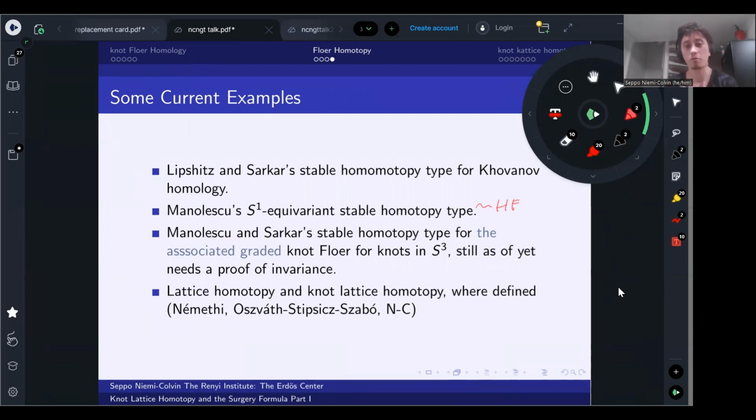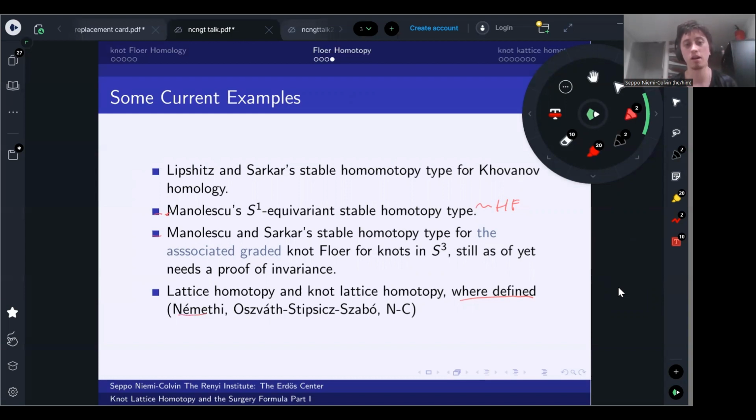And finally, what I'm going to be talking more about for the rest of this talk, there's lattice homotopy. Where defined, it requires a certain construction for your three manifold or your knot in order to get running. However, it does compute for some knots in three manifolds other than S3. So it's somewhere in between what's happening in these second and third points.